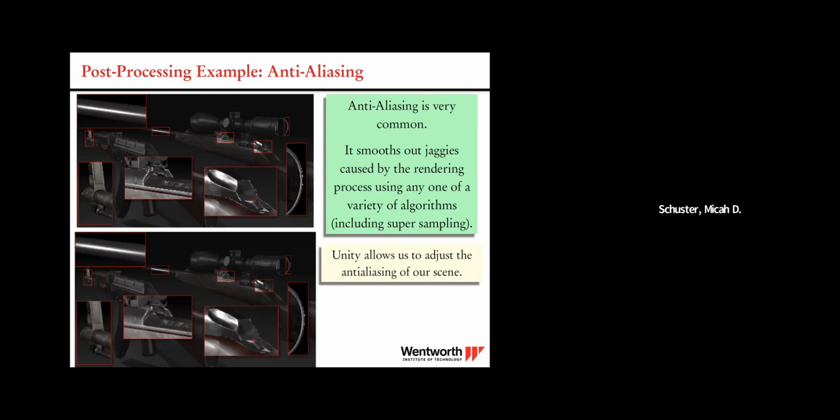Depending on the resolution of your monitor and the resolution of textures, you're going to get things that look a little jagged, and this is just a result of the rendering process. What color do you put here? The graphics engine is going to figure it out, but you might see some jaggedy stuff.